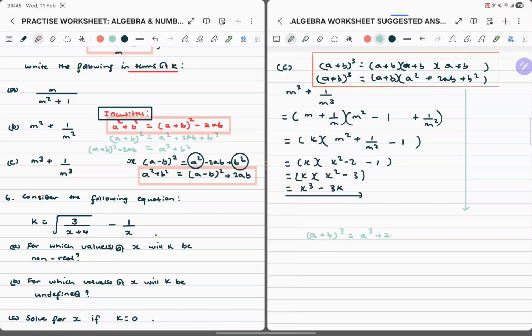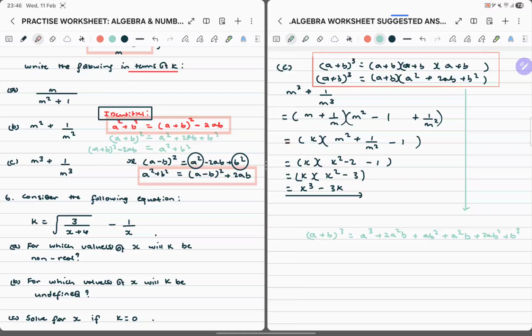Then we're going to have plus 2a squared b, right, plus ab squared, okay, then plus a squared b, plus 2ab squared, plus b cubed.